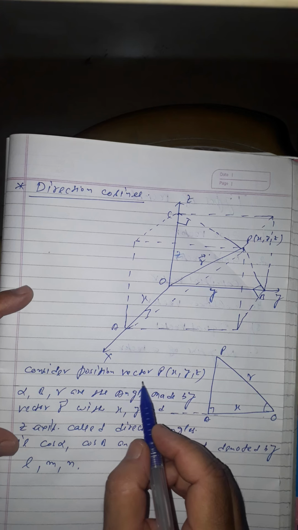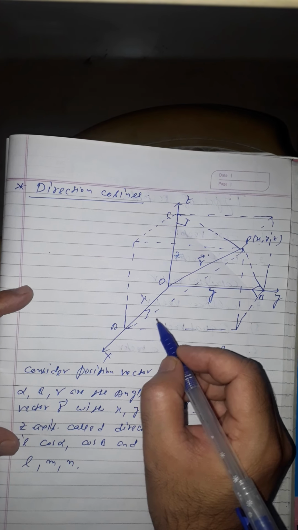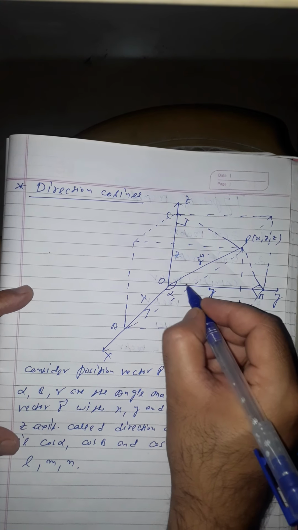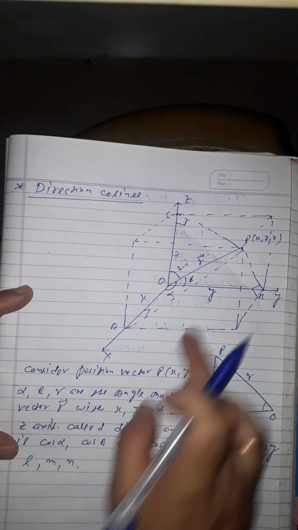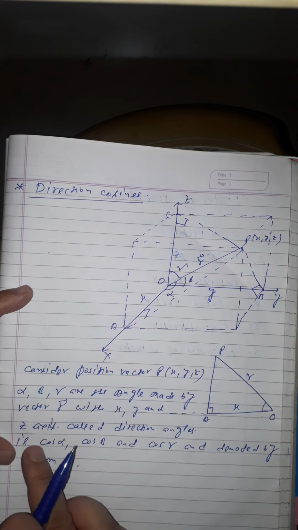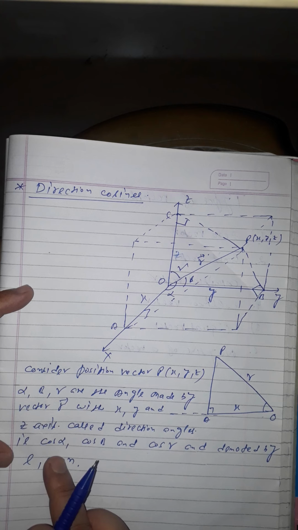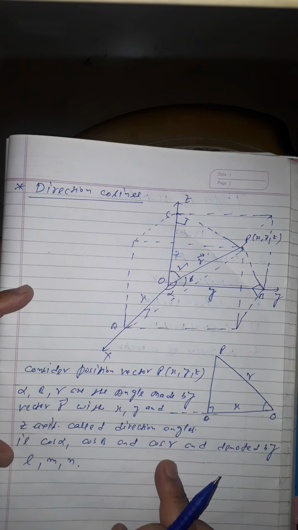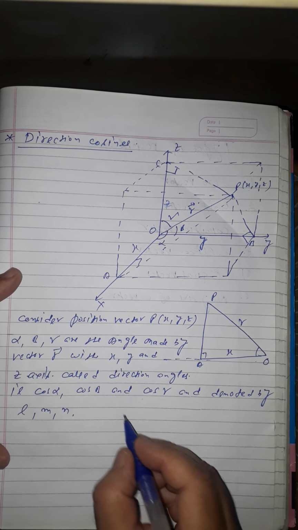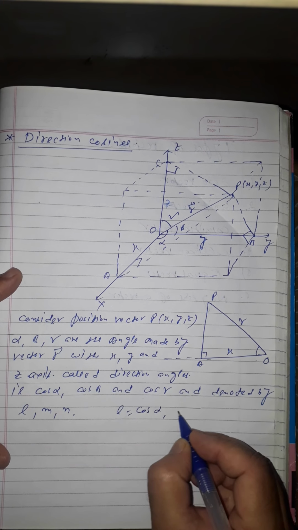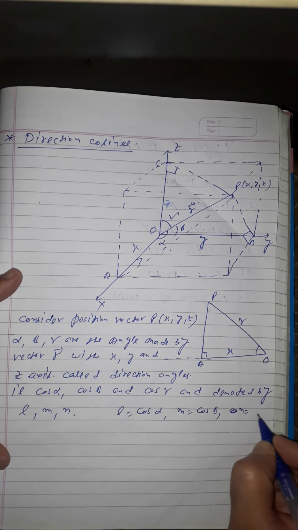Consider the position vector P having coordinates x, y, z, and these are the angles: this angle is alpha, this angle is beta, and that one is the angle gamma, made by the vector r with the x, y, and z axes. These are called direction angles, represented by cos alpha, cos beta, cos gamma, and noted by L, M, N. We can say that L equals cos alpha, M equals cos beta, and N equals cos gamma.